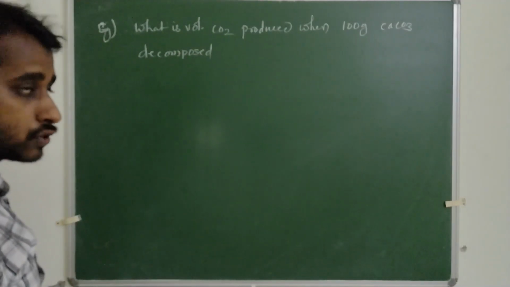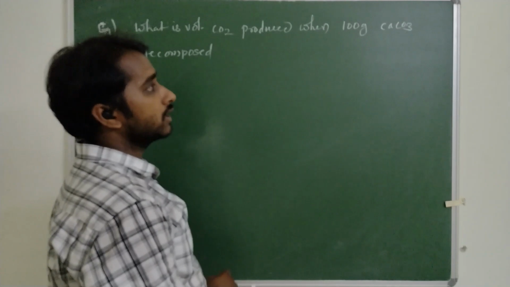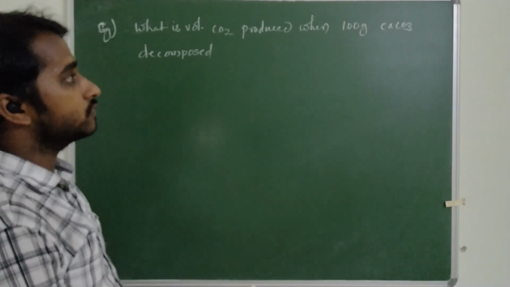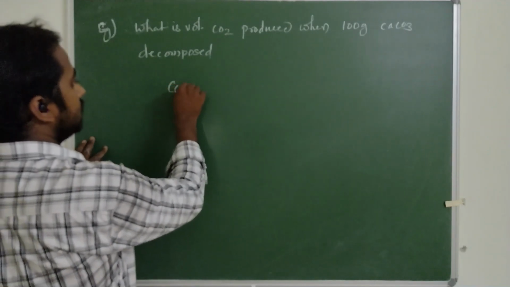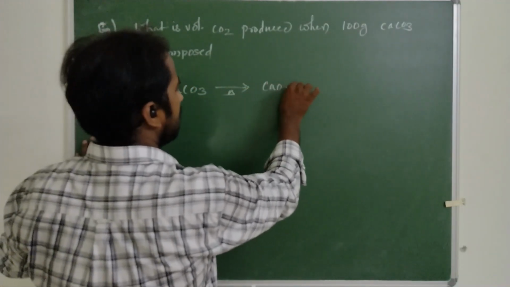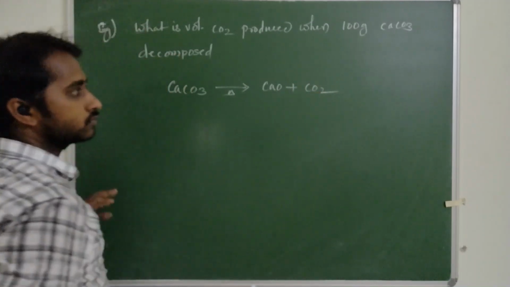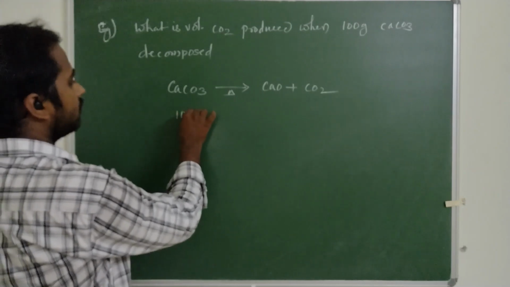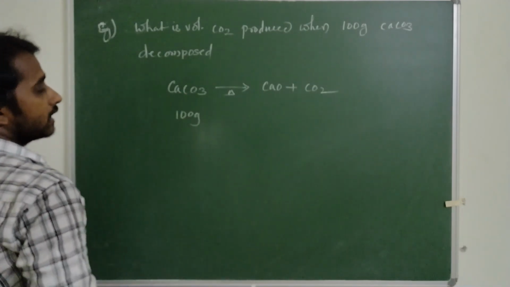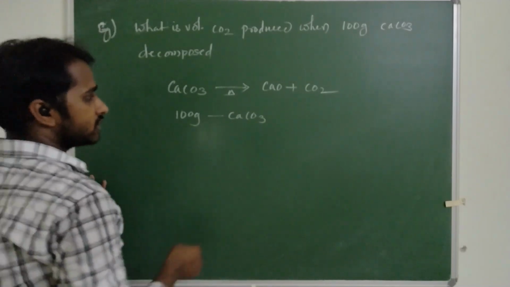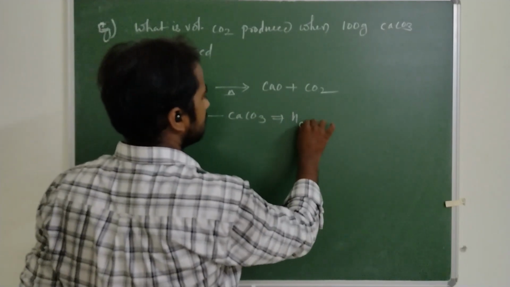In this question we should first know the stoichiometric equation for decomposition of CaCO3. So CaCO3 decomposes to give CaO plus CO2. Here 100 grams means 100 grams of CaCO3, so calculate first the number of moles of CaCO3.